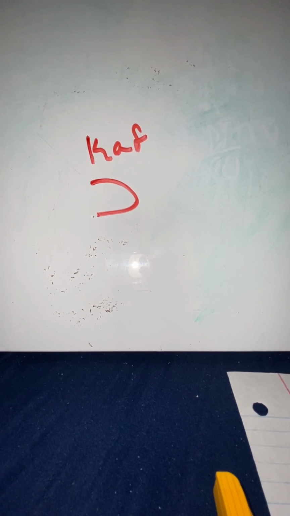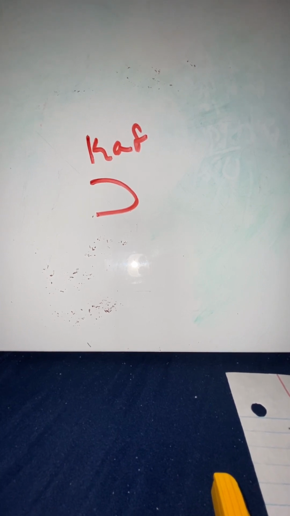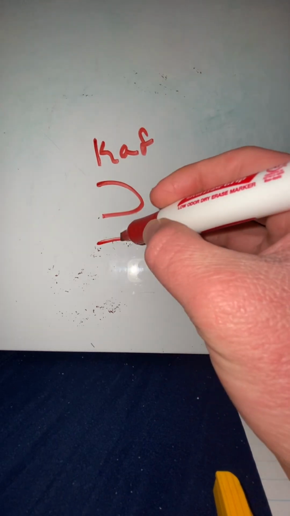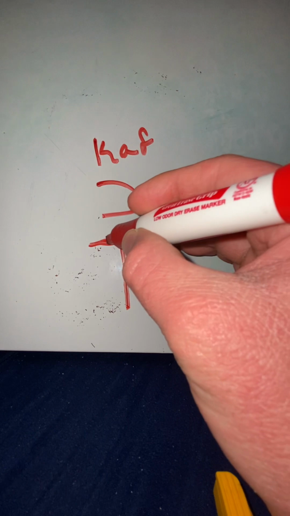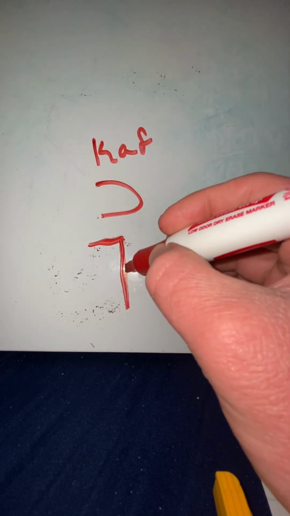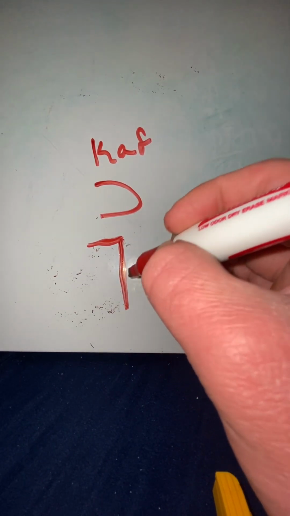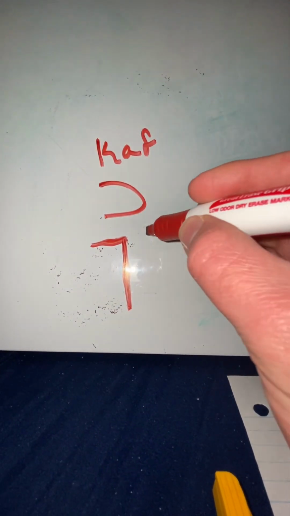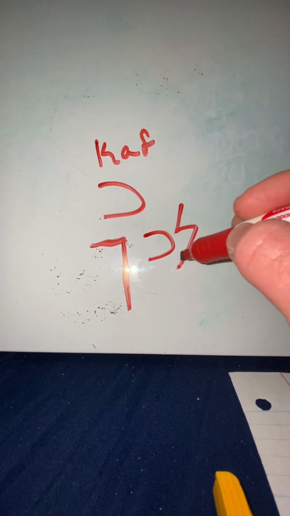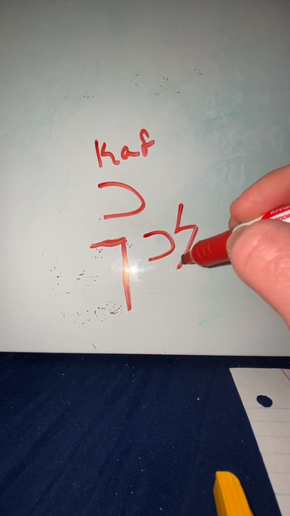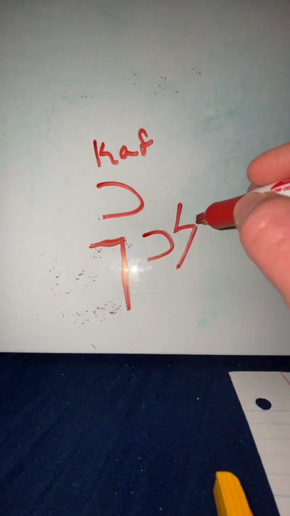And this is our first letter that has a final version. When it's written at the end of a word, you will write it like that. Yep, just like that. This bottom part will go just below the other letters. This part here doesn't go below, but is basically in line with this.